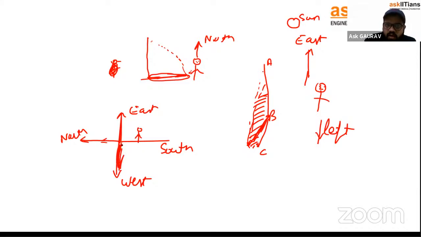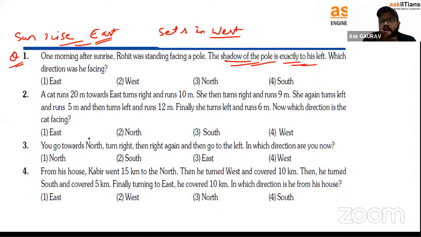The shadow is on the left of it. You are facing your north, right? Is that question clear? Very nice question, right? You can assume yourself. Is it clear to everyone? Yes, he is facing north. The answer is north.